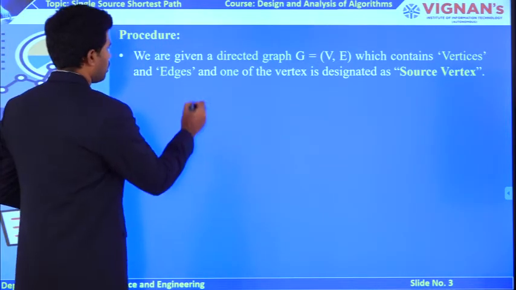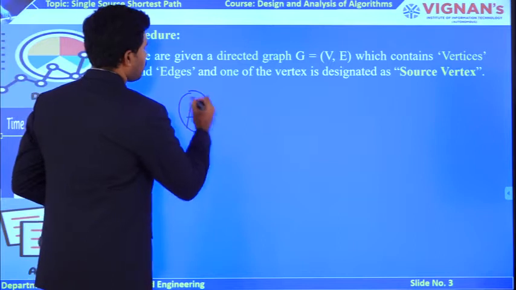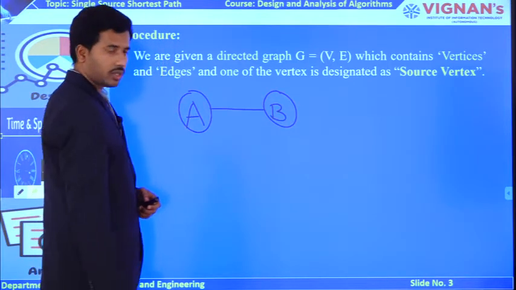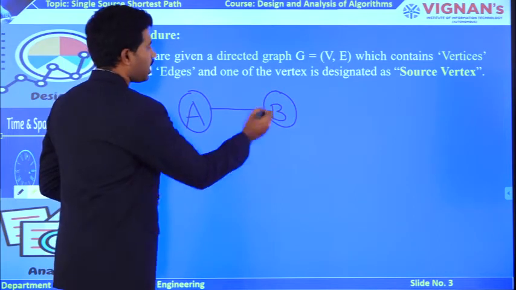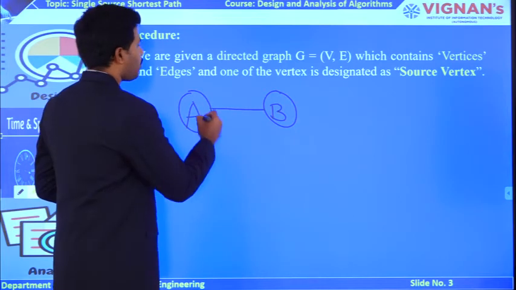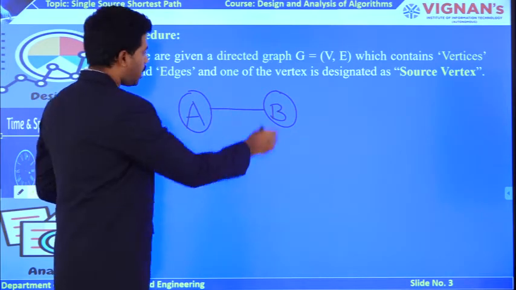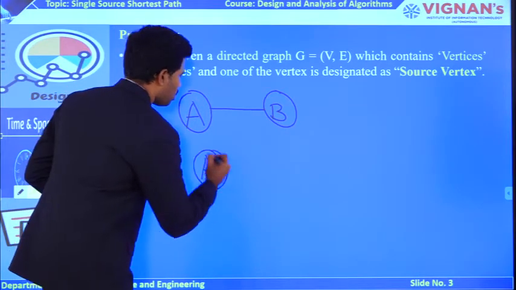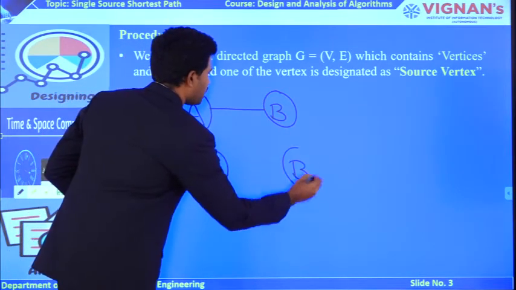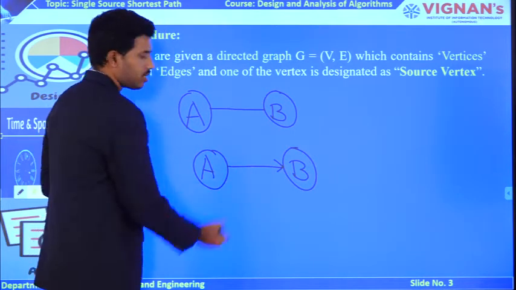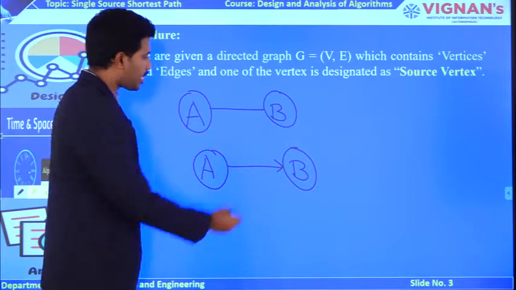We will discuss one example. For example, I have 2 vertices like this. Can you tell me whether the edge between A and B is directed or undirected? Undirected, right? So from A to B as well as B to A is the same. But in another scenario, A and B are connected like this with a directed edge or directed path.